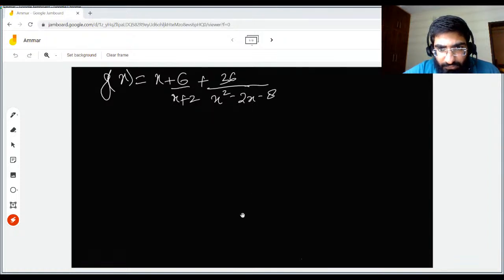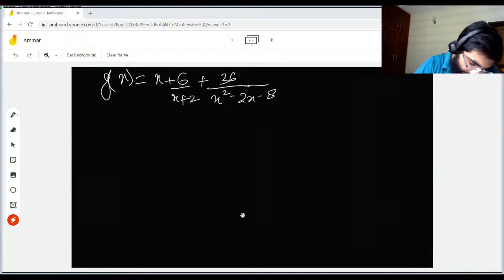So I need factors for 8. 4 twos are 8. One has to be positive and the other negative, because the last term is negative 8. Since the middle term is negative 2, the negative sign belongs to the bigger one, so the factors are x plus 2 and x minus 4.